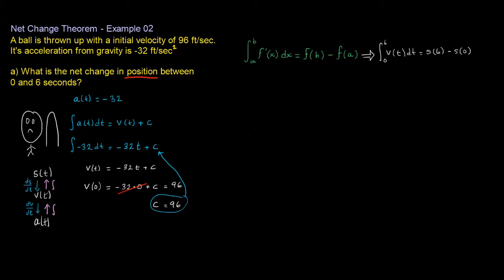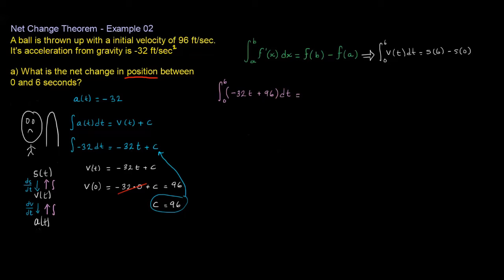So we can now aim to solve this problem. The integral between 0 and 6 of velocity, I'm going to use a parenthesis here, is negative 32 times t plus 96, where we are substituting in the value for c that we found, dt.